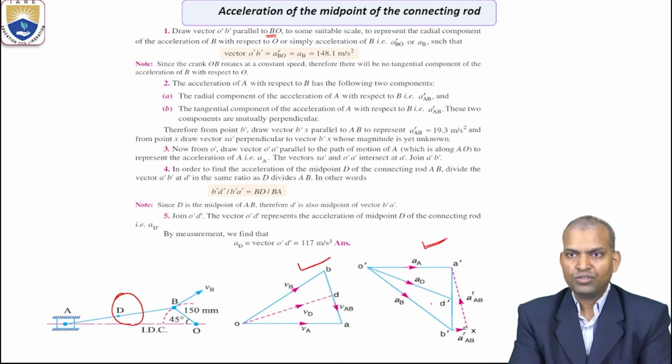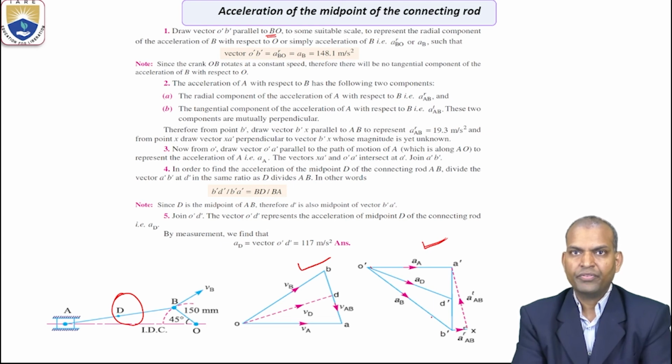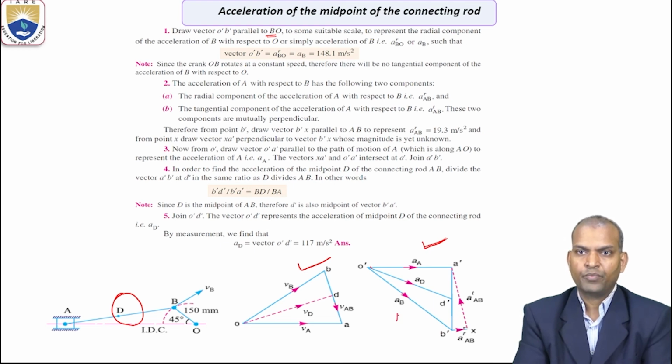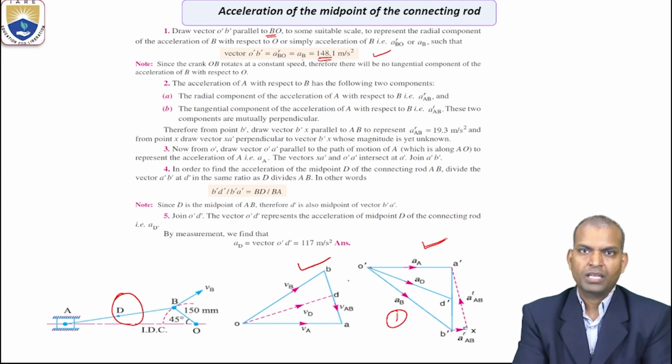So parallel to that, draw O dash B dash, that is AB, to represent the radial component of acceleration. That is step 1, A_RBO equal to A_B, equal to 148.1 meter per second square, to some suitable scale, as we have already calculated.